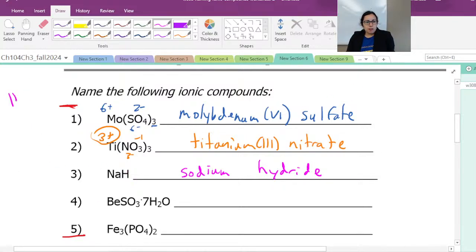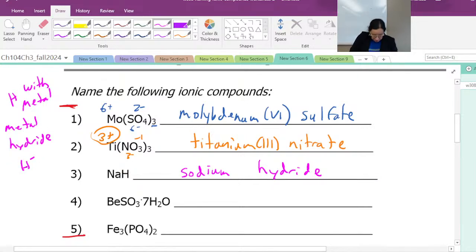And so usually, hydrogen is always +1 unless it's bound to a metal. So hydrogen with a metal, though, is called a metal hydride. So that's just the generic term. And then hydrogen is considered to be this -1 oxidation state. And so that could be with like aluminum hydride or iron hydride or any of these metal hydrides.